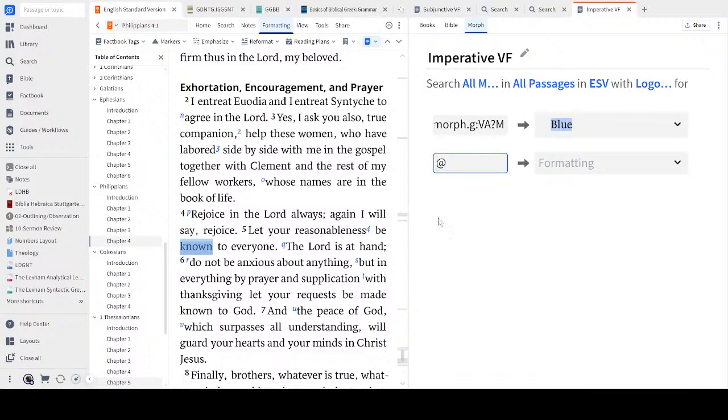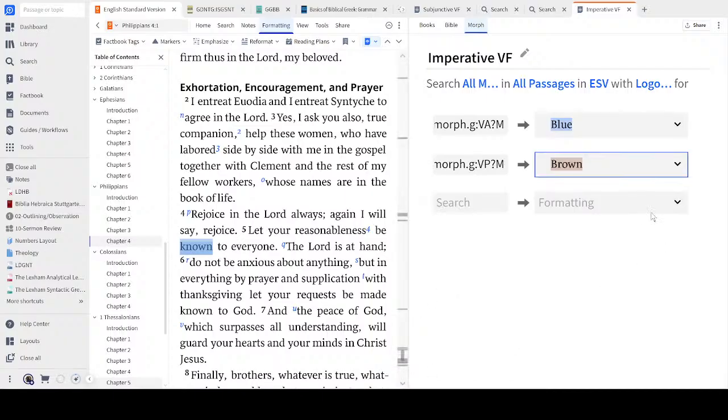Now when I come into another verb of the imperative, let's do the present tense. This time I want it to be brown.